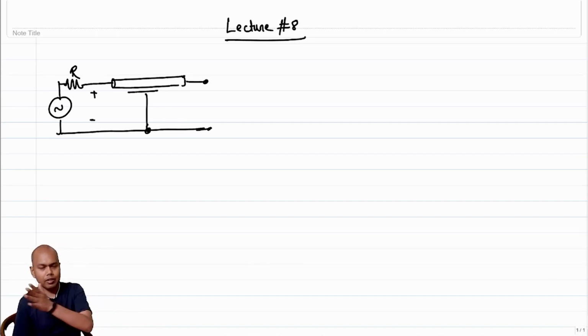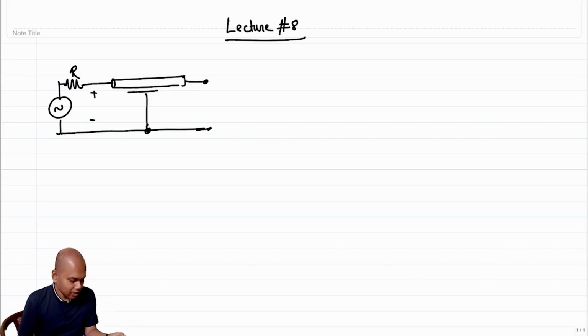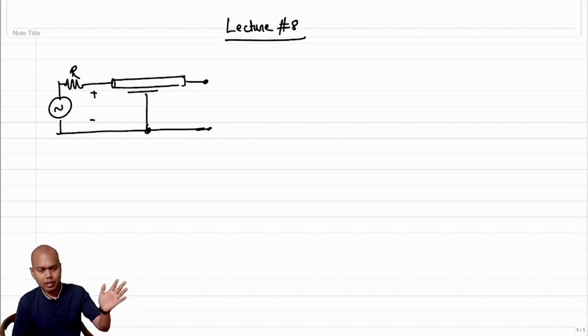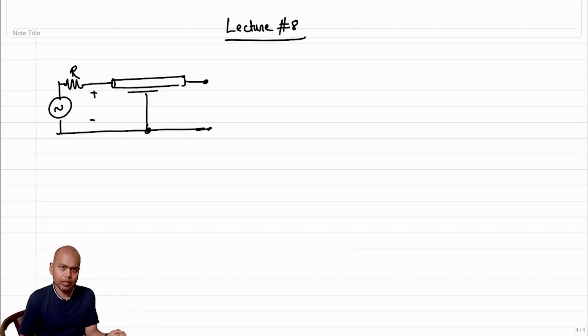But at the input point, the length of the line has to have a specific relation to the frequency of the input, essentially that of a quarter wave transmission line, as some of you might be aware.